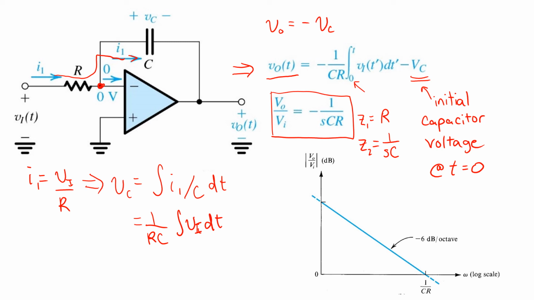Shown here is the magnitude response. As we would expect from an ideal integrator, we observe that the magnitude response is infinite at DC, which on a log scale here on the frequency axis would be way off to the left, and that the magnitude response decreases with a slope of 6 dB per octave or 20 dB per decade.